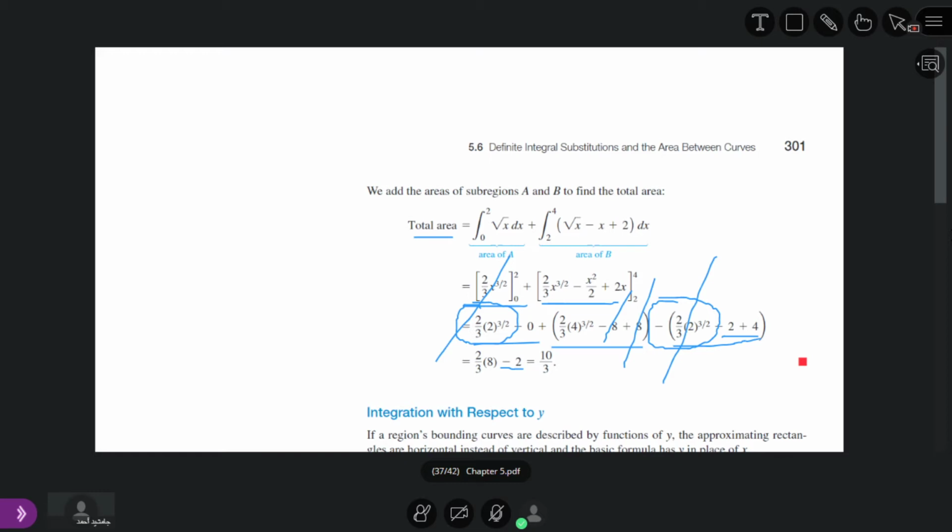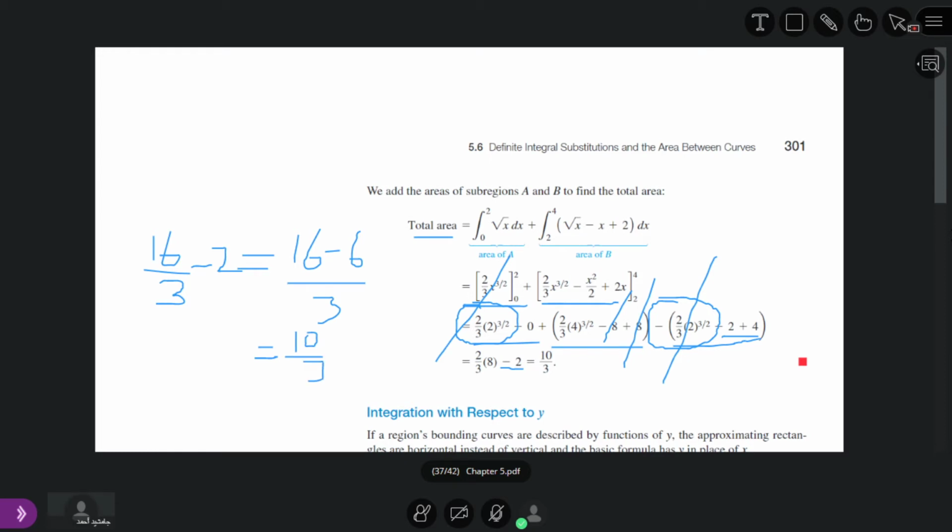How can we get 10 by 3? Because we take the least common multiple: 16 divided by 3 minus 2 is equal to 16 minus 6 divided by 3, and 16 minus 6 is 10 by 3.